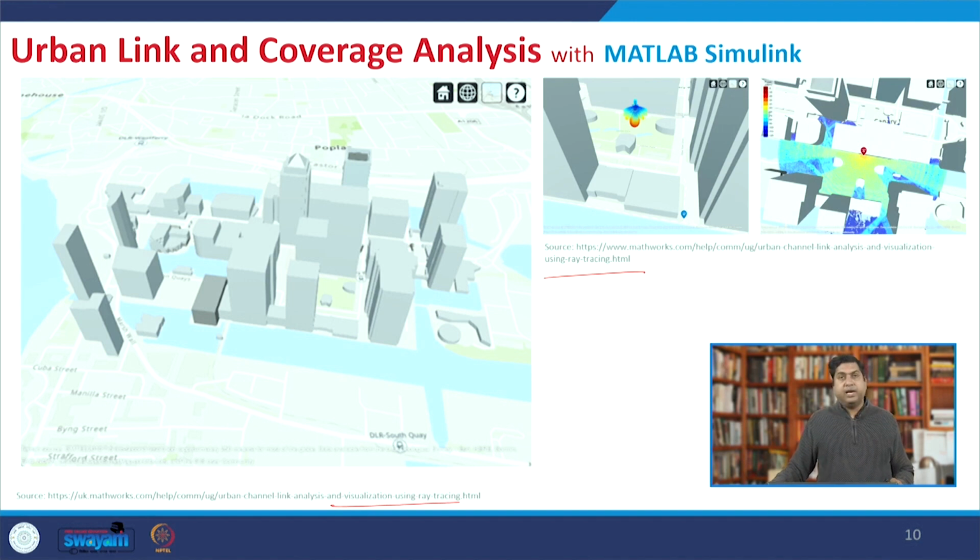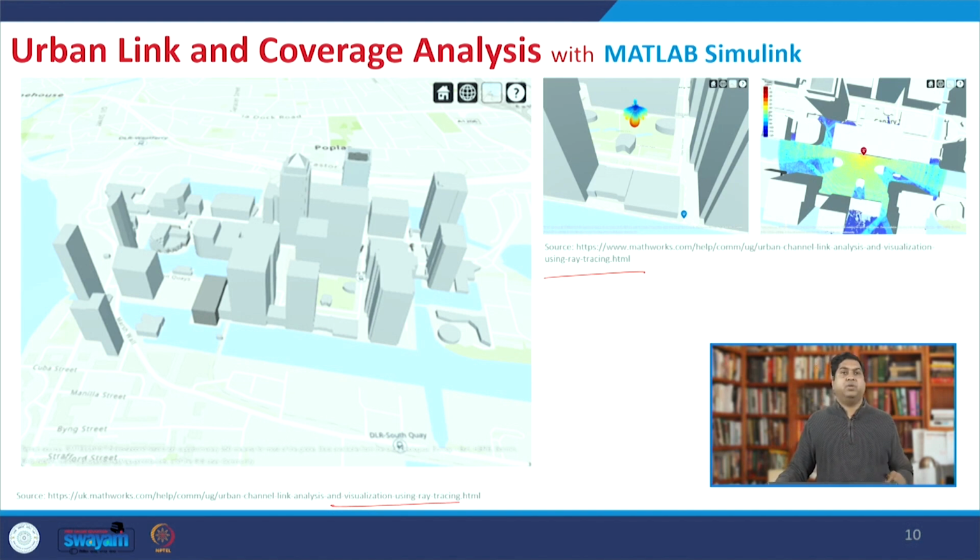So, you can go through that and understand well. This is basically where MATLAB and Simulink were used to understand urban link and coverage analysis for a location, all this proximity, the coverage, etc., that you can use.